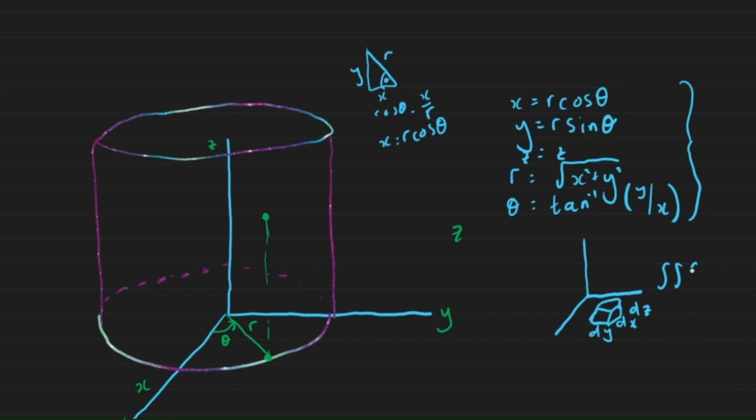It becomes a triple integral of dx, dy, and dz. So all we do is we do the same thing with cylindrical coordinates. We take a volume element and we multiply everything by this change in variables.